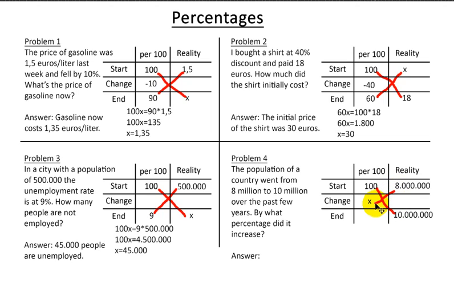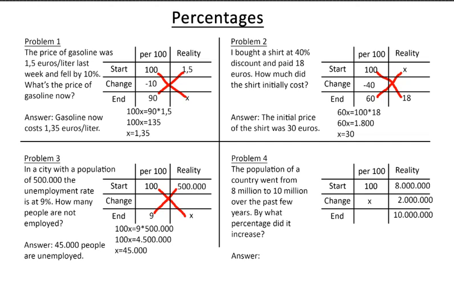That would give me a wrong answer because x and 10 million are not in the same line. So I need to fill in this line. I need to find what's here. And here is the difference between these two, between beginning and end. It started from 8 million and ended up at 10 million. So the difference between 8 million and 10 million is 2 million.